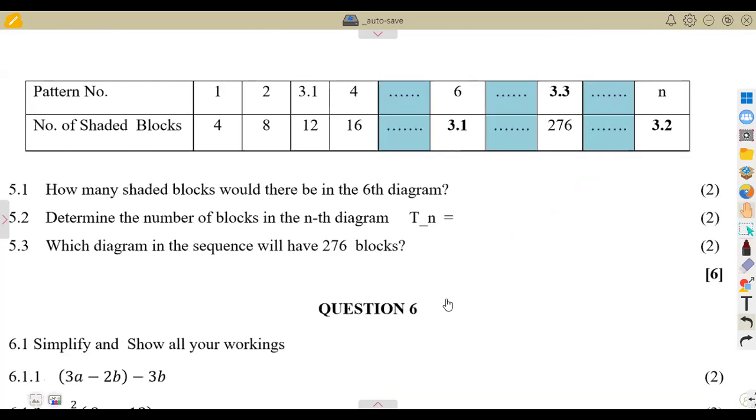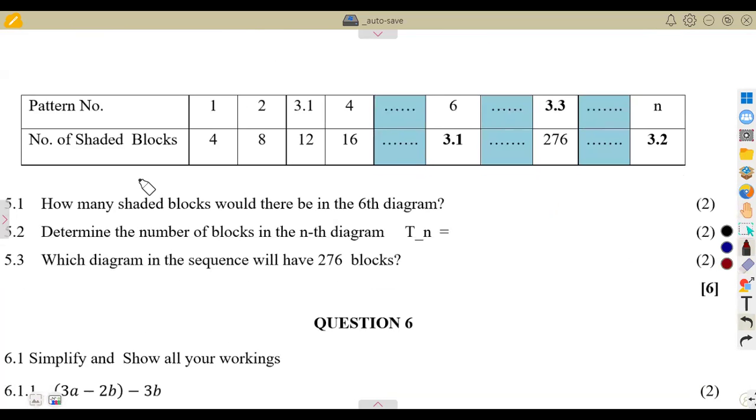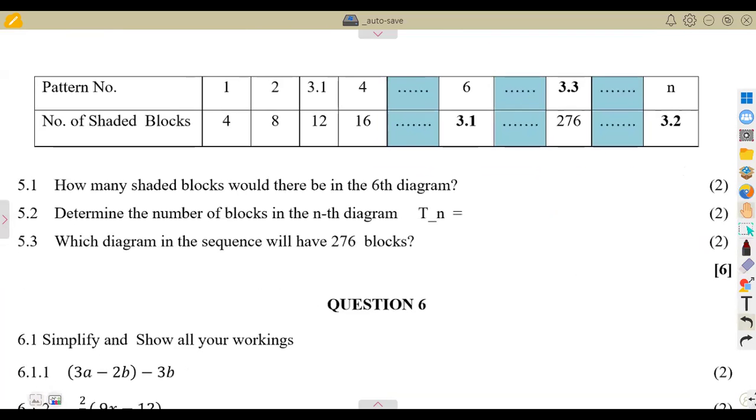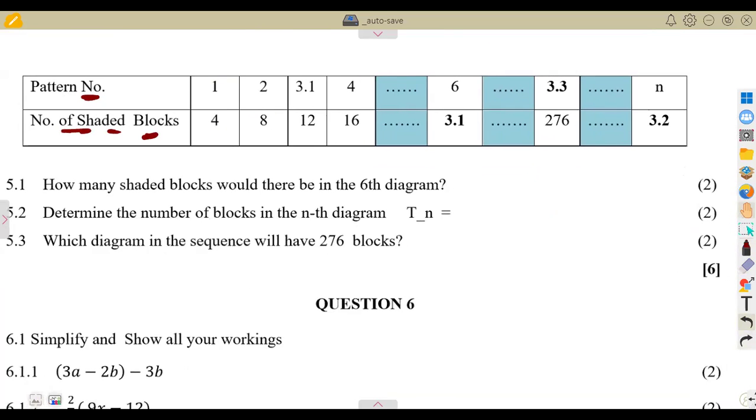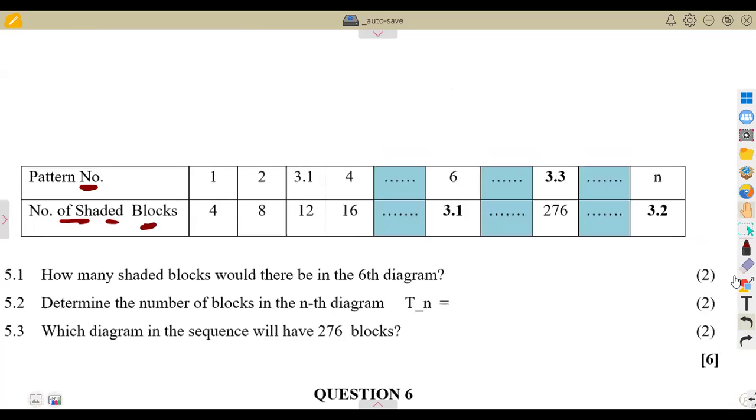On this part of our question, it's a table that we are given, the pattern number, then the number of the shaded blocks, 1, 4, 2, 8, and so on and so on. So if we check, they're just giving us a pattern which is taken like this.